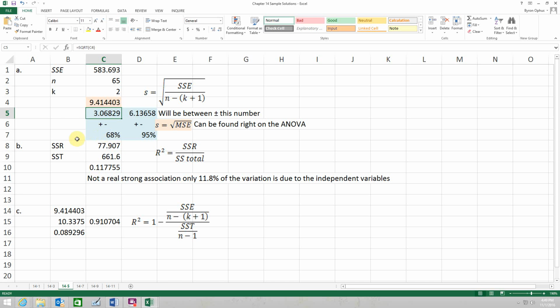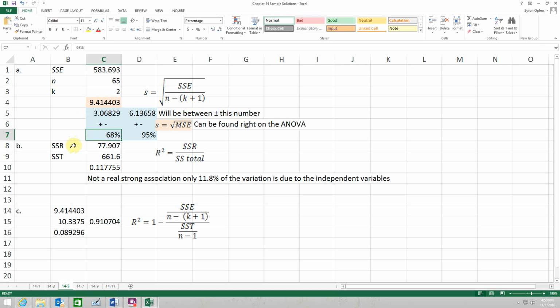Either to the left side or to the right side, this is the actual number for this set of data. To get the 95% one, it's pretty easy. You just multiply this times 2. So it's that simple. If you label it and highlight it like that, it makes it a little bit easier.